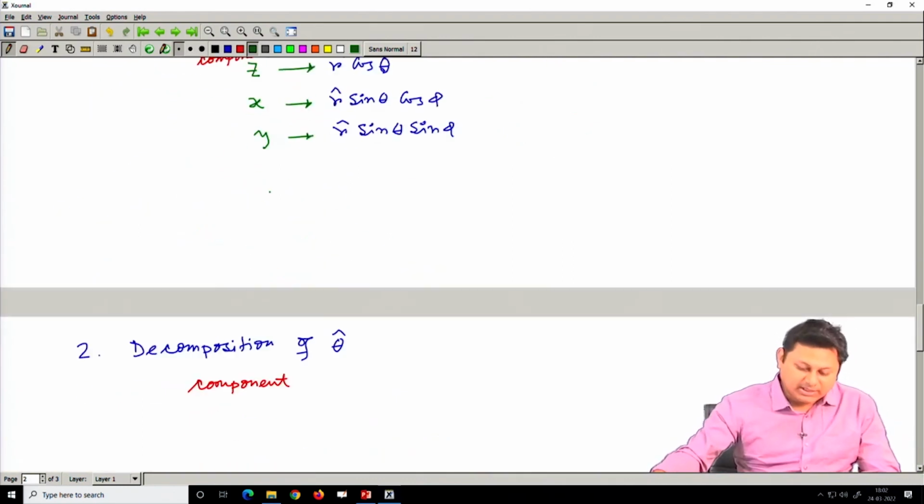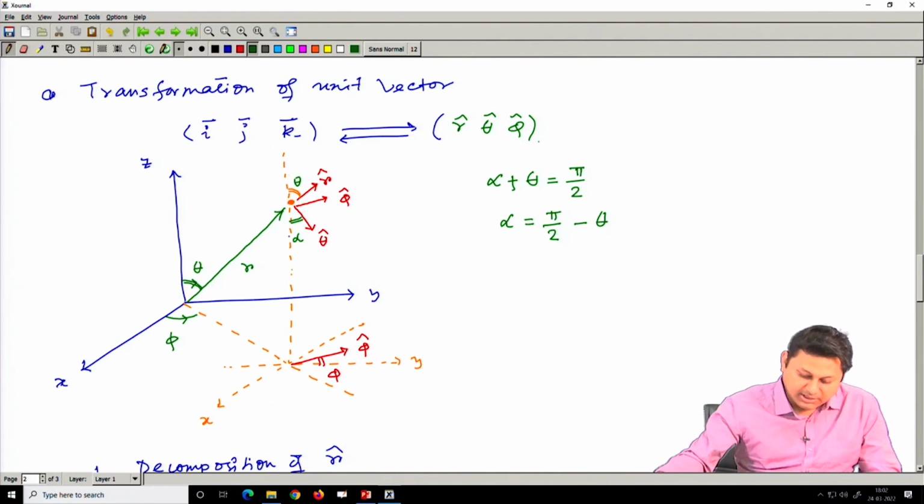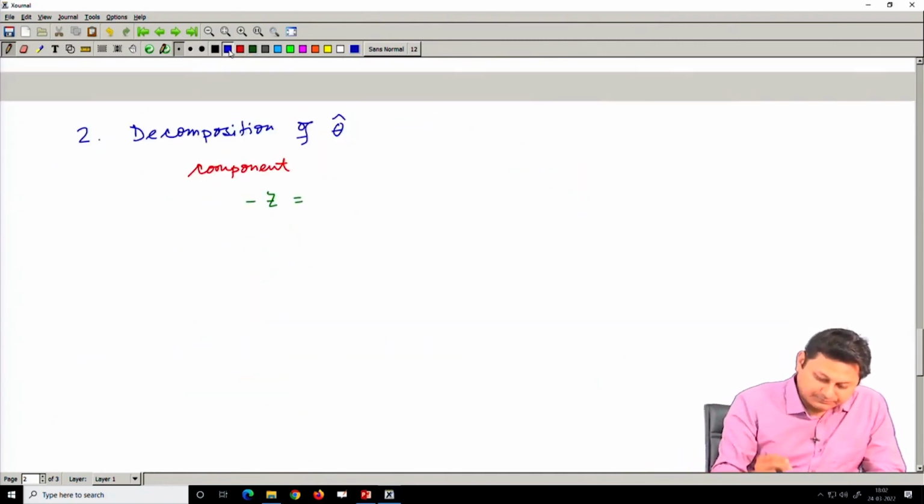So, the component we are getting is the minus z component, which is simply the theta unit vector making an angle alpha, so theta unit vector times cos alpha.